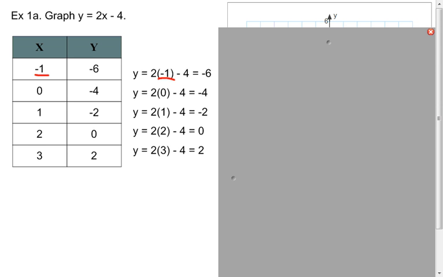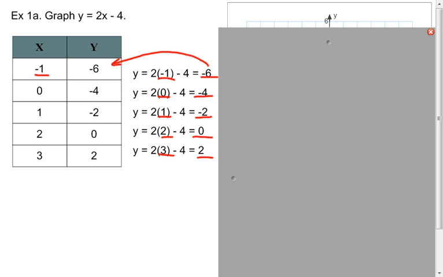And then I do the math. 2 times -1 is -2. -2 minus 4 gives me an answer of -6. My answer then is my y value. So I plug in my x value. The answer that I get is my y. When I plug in 0, I get -4. When I plug in 1, I get -2. When I plug in 2, I get 0. Plug in 3, and I get 2. Okay? That's how I find my y values.